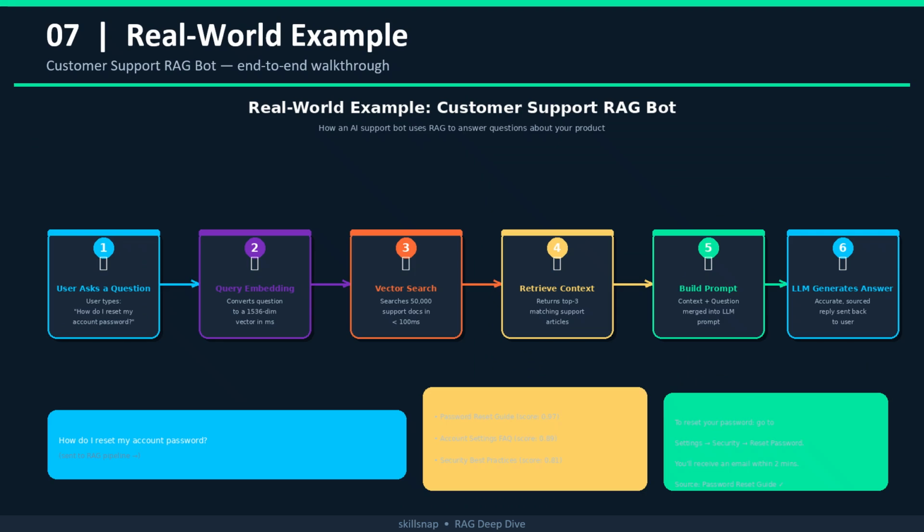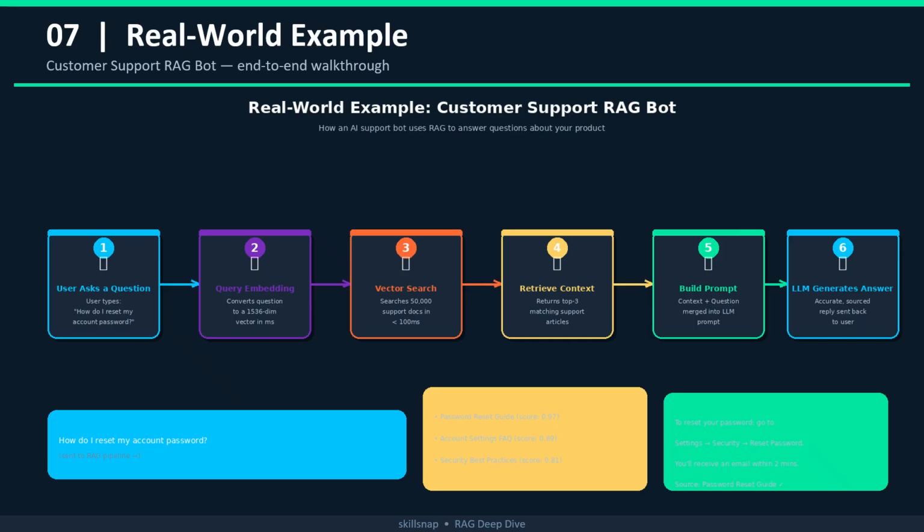Now let's see a real world RAG in action with a real world example. I want to walk you through exactly how a customer support bot built on RAG would answer a question. So the company is SkillSnap, that's our own channel, and a user asks, how do I reset my account password?